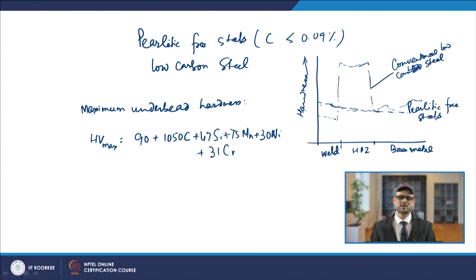If you look at the toughness value, experimental work has been done to measure the toughness on a sample. So, how is the toughness varying on a welded specimen?